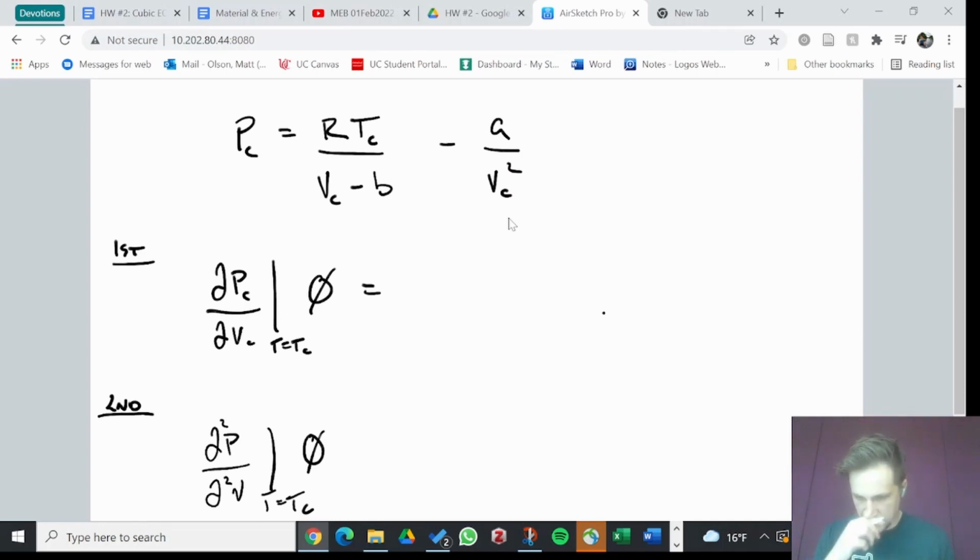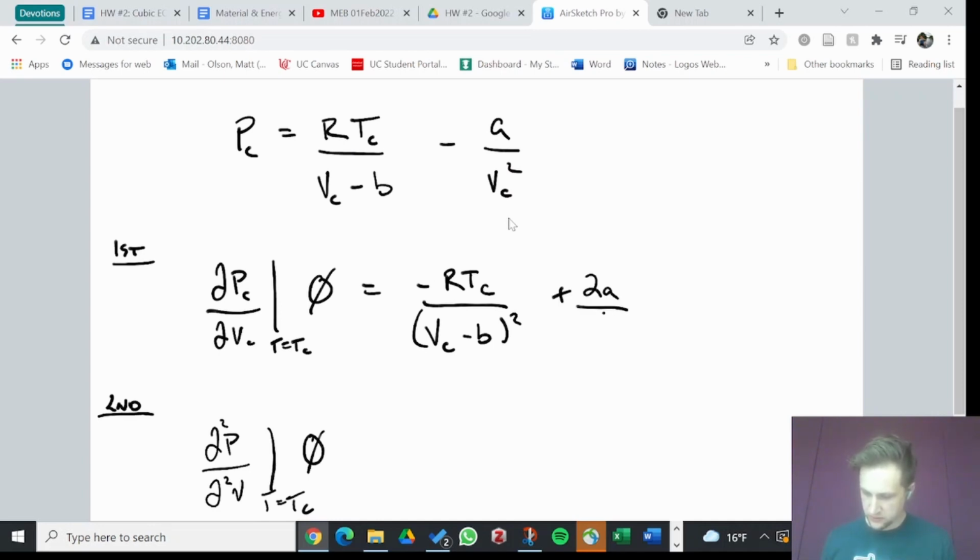So here we have the first derivative is going to be, what is that? Negative R, temperature at the critical point, over volume at the critical point minus B, squared, plus 2A, by the way, over volume at the critical point cubed.